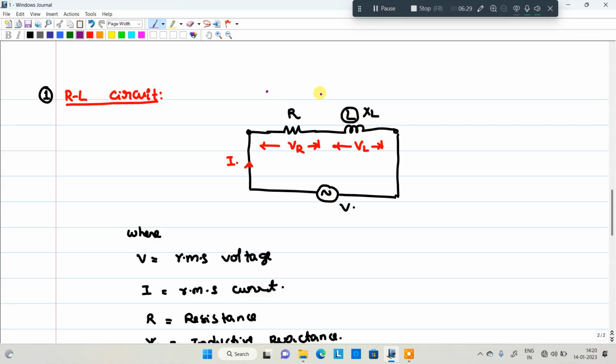I am taking the current as the reference because the current is the same in a series circuit. For the resistor, voltage and current are in phase with each other.